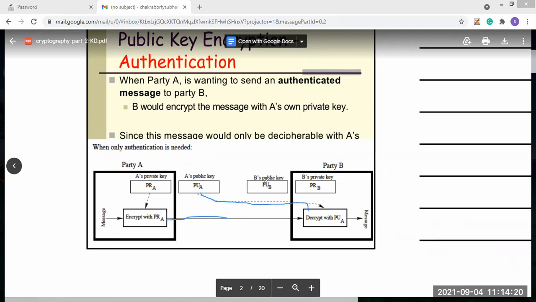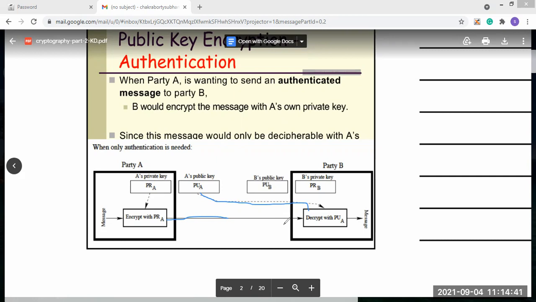So the message that is encrypted by party A using its own private key goes over an unsecured channel and is received by party B. How will this message be decrypted?